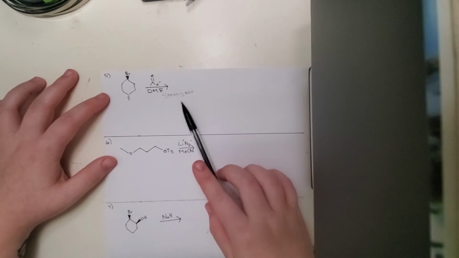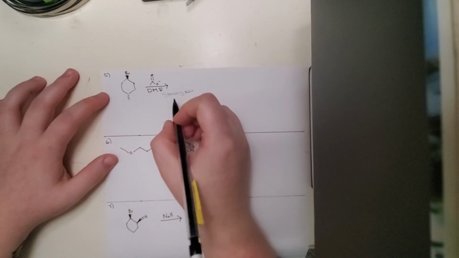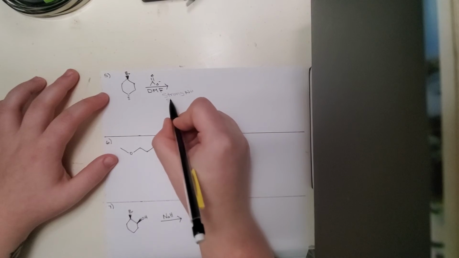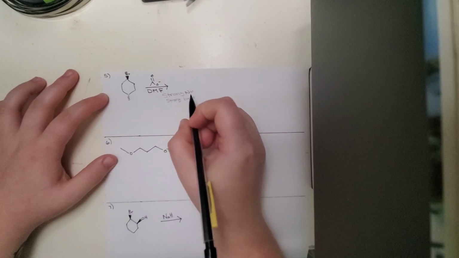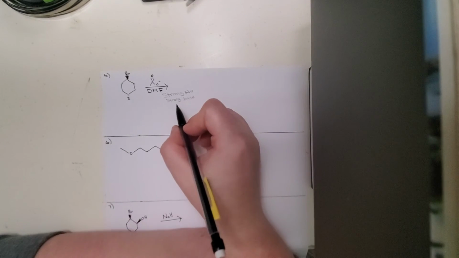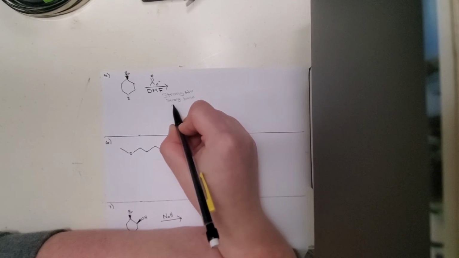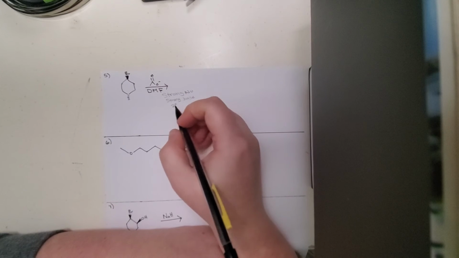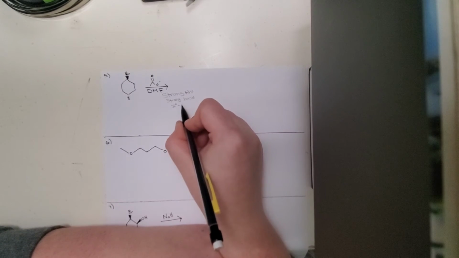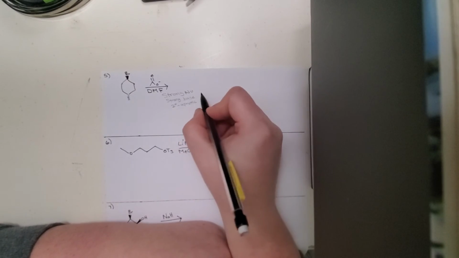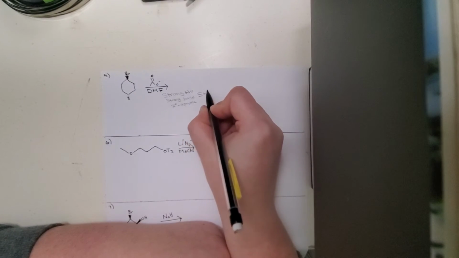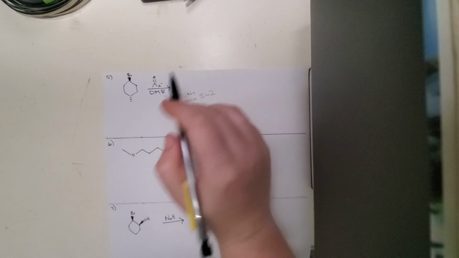It's a shorter version. We have a strong base. It's secondary, and it's aprotic. So that gives us an SN2 mechanism that we're going to use to solve.